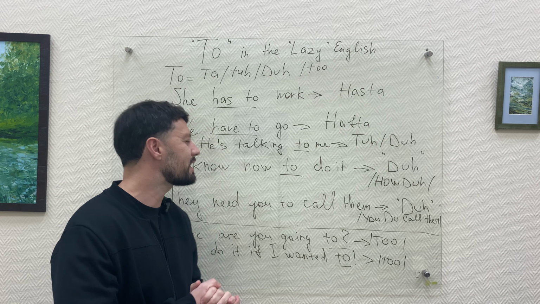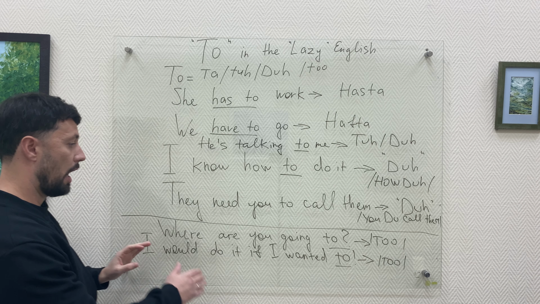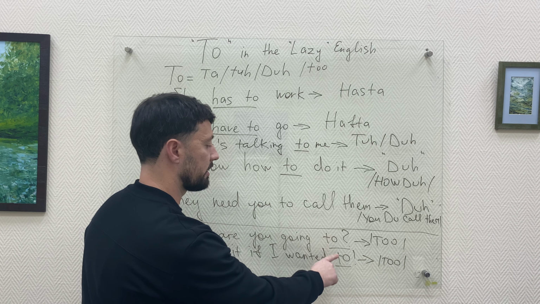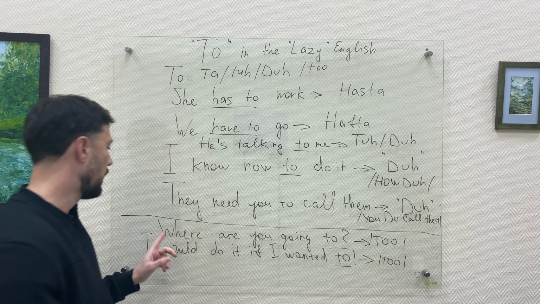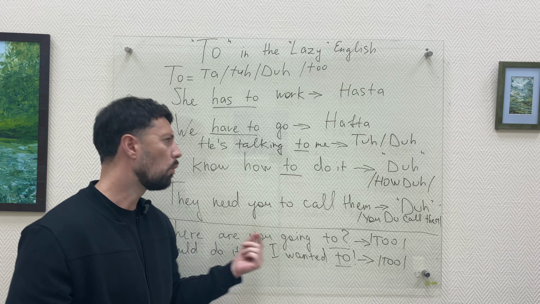Now, what about when "to" is pronounced as "to", like "too"? I want you to look here. It's when it's at the end of the sentence, in examples like: where are you going to? Where are you going to? Now, this is "to", you can hear the "to" here, right?